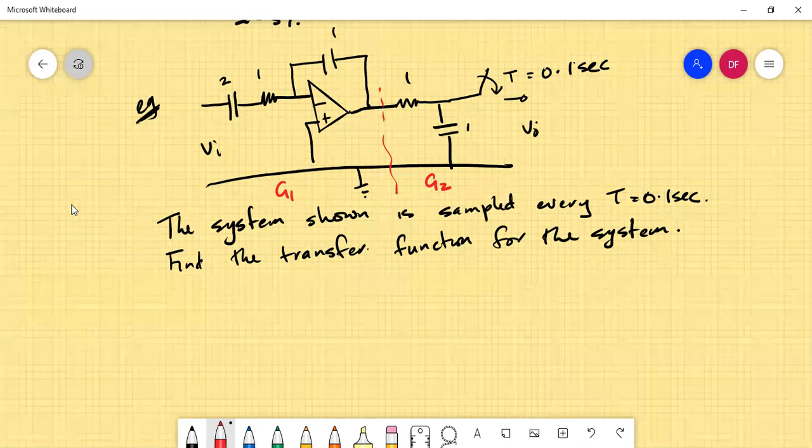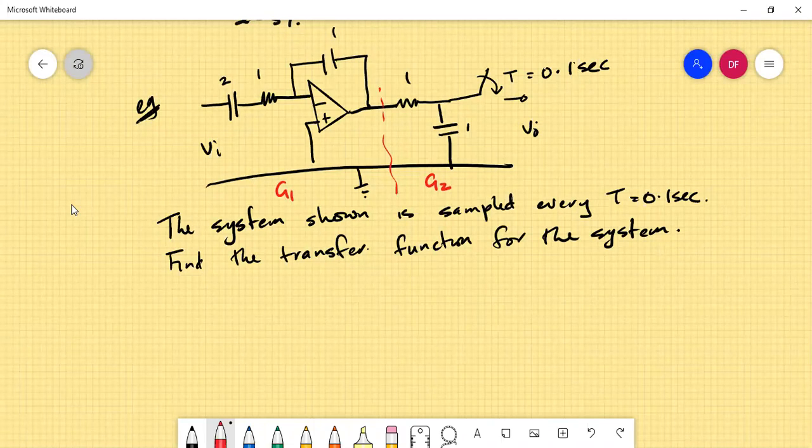So should the capacitors be over s? Just 2. 1 over 2s. 1 over s. 1 over s. It's 2 farad, 1 farad, 1 farad. 1 ohm, 1 ohm.